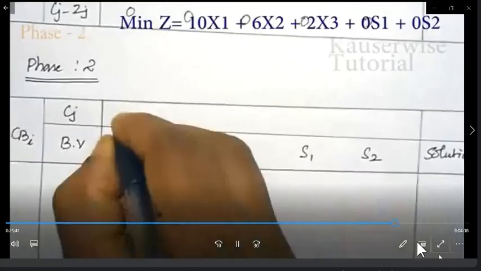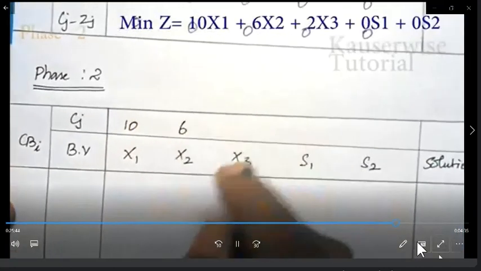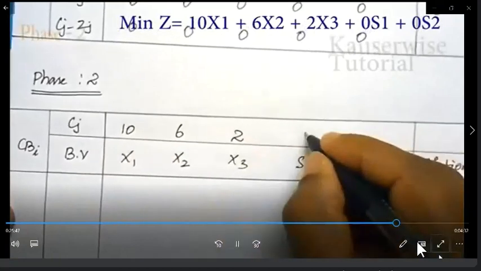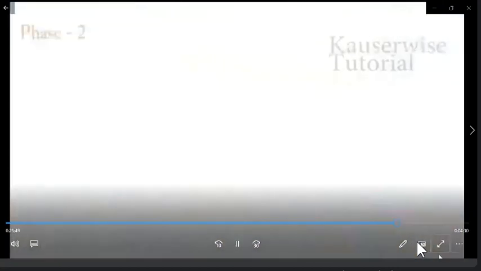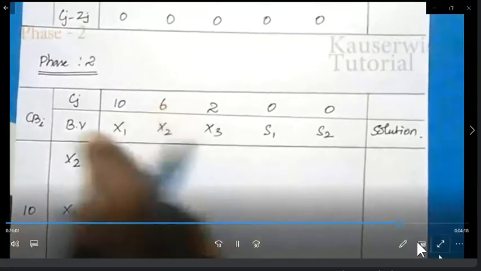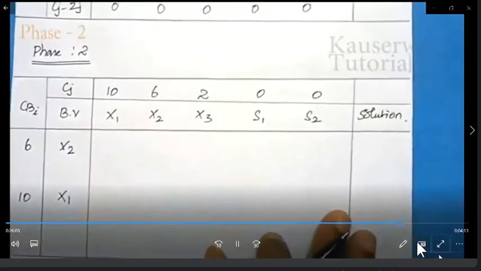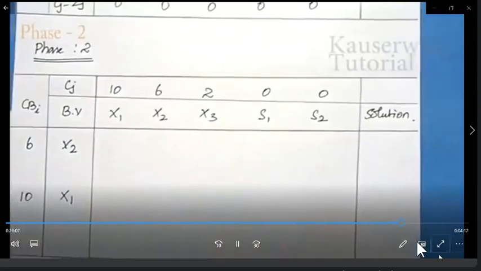For x1, 10; x2, 6; x3, 2; for a1, a2, 0 and 0. Basic variables are x2 and x1. The x1 value is 10, so put 10 here. The x2 value is 6, so 6. For all other values, see the previous table and enter the old values as they are.